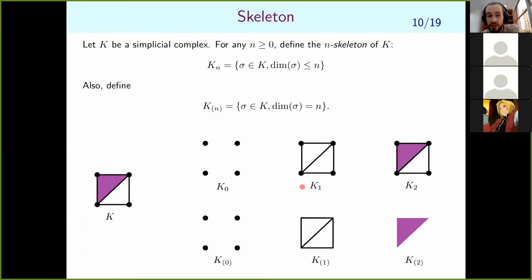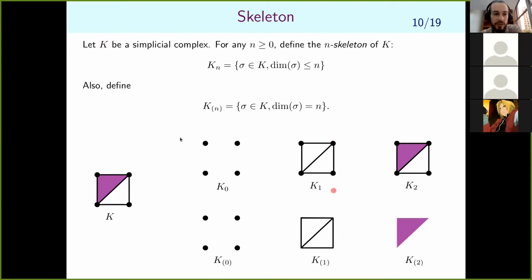The 1 skeleton, K1, is the set of simplices of dimension at most 1. So you have vertices and edges. K2 is the same with also the 2 simplices. And we have here only one 2 simplex, this purple triangle.